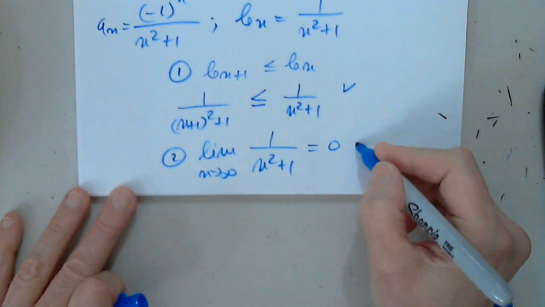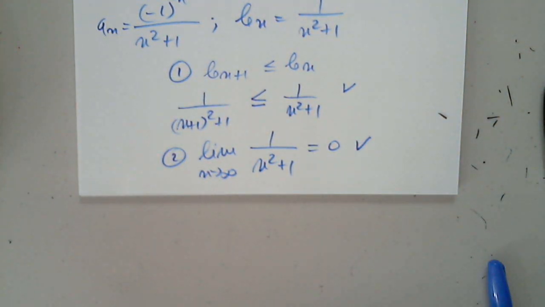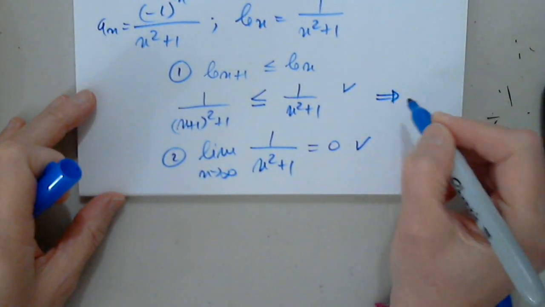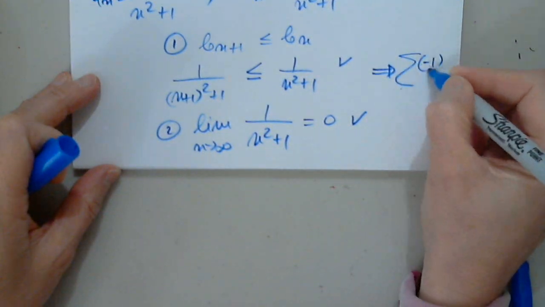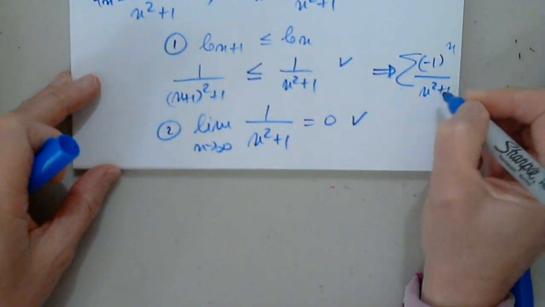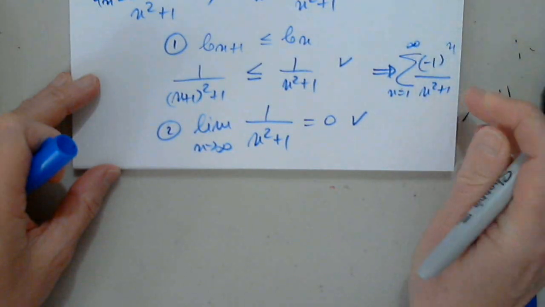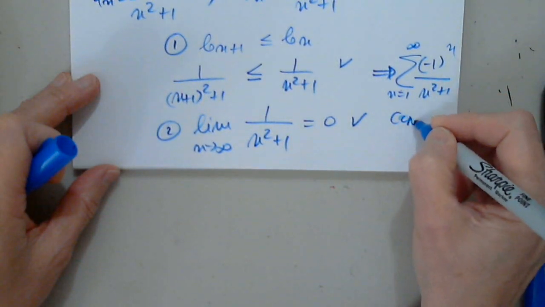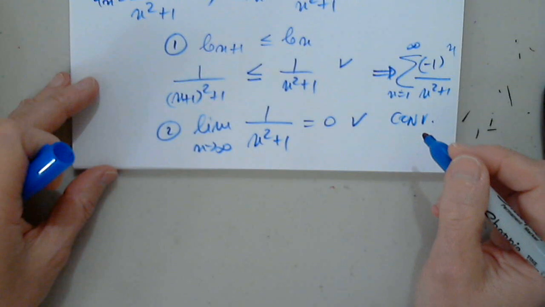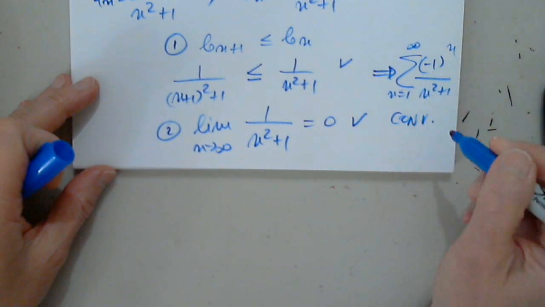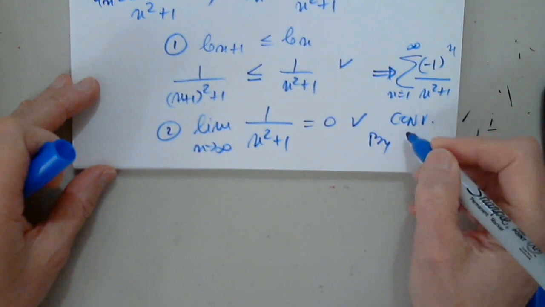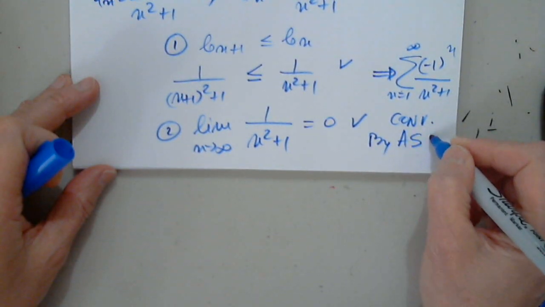Yes, it is. So the second condition is fulfilled as well. So we will conclude that the sum of negative 1 to the n over n squared plus 1, from n equals 1 to infinity, is convergent by the alternating series test.